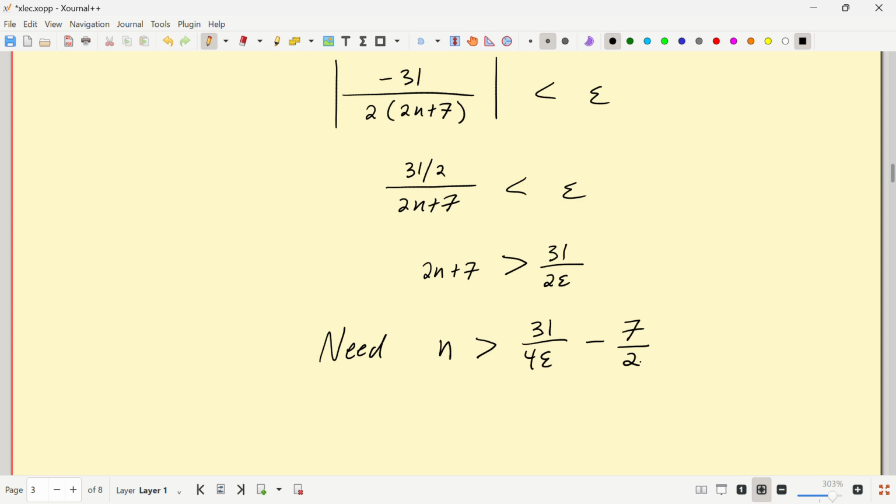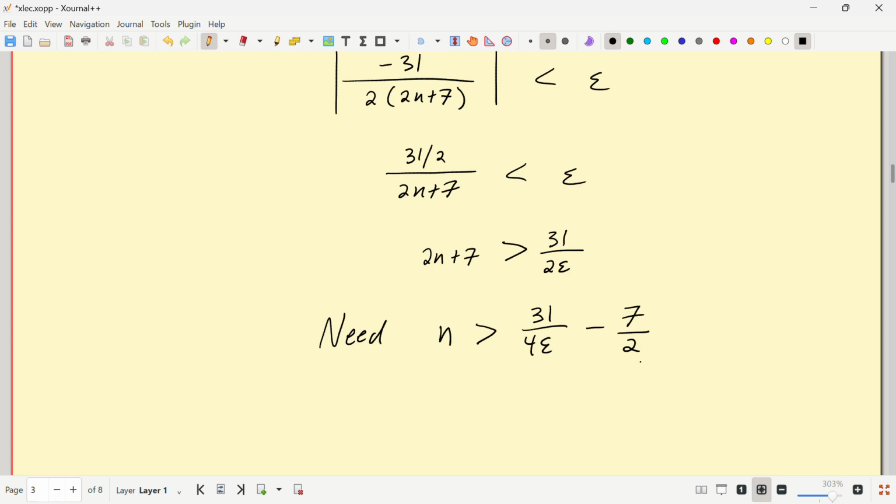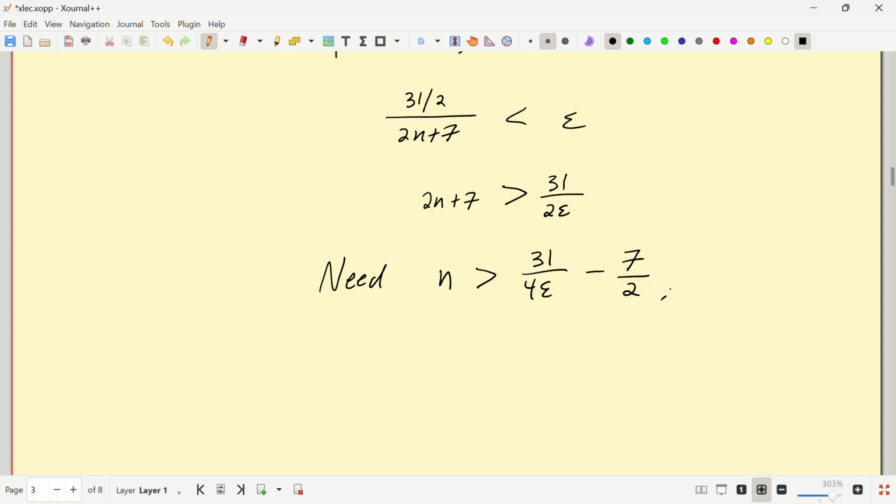And so I let capital N be the first integer that's bigger than that. So that's how you would do it using the definition.